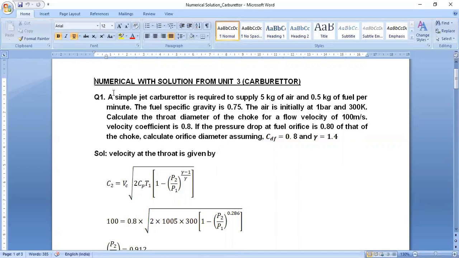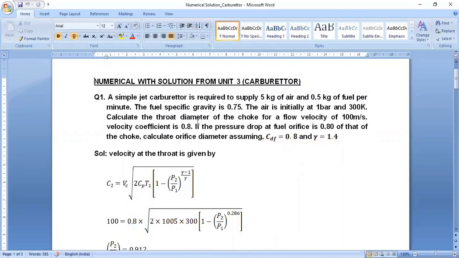So numerical number 1: a simple jet carburetor is required to supply 5 kg of air and 0.5 kg of fuel per minute. The fuel specific gravity is 0.75. The air is initially at 1 bar and 300 Kelvin.